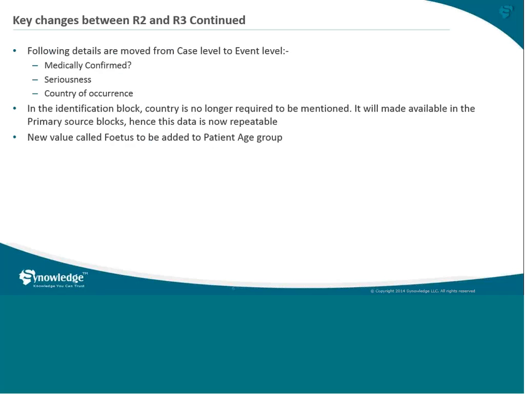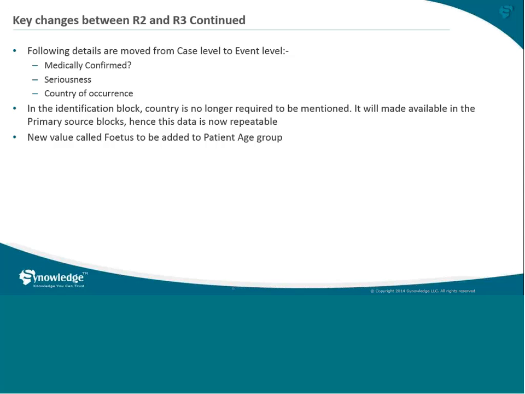In the current format of R2, information such as medically confirmed seriousness and country of occurrence are all at the identification block, and this will be moved to event level. For example, in the current scenario, the case has 5 adverse events. 1 of them is serious, the rest 4 are non-serious.